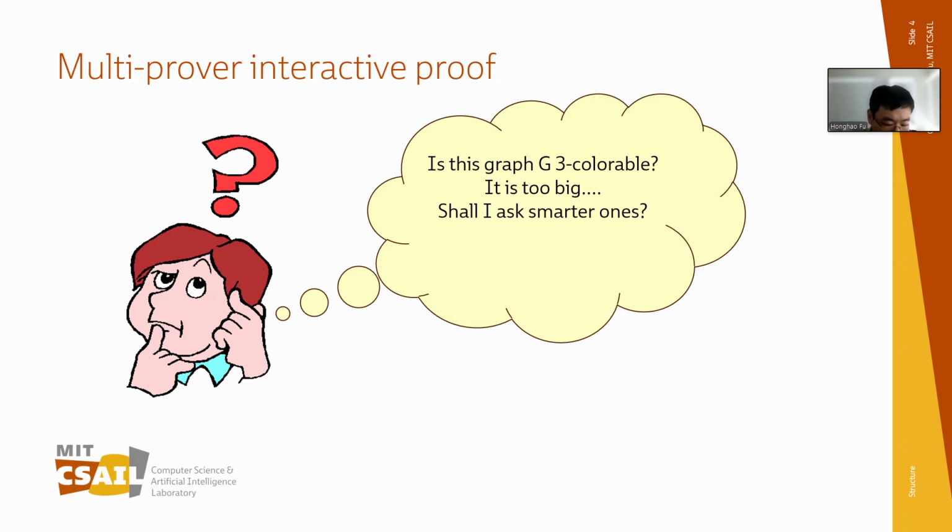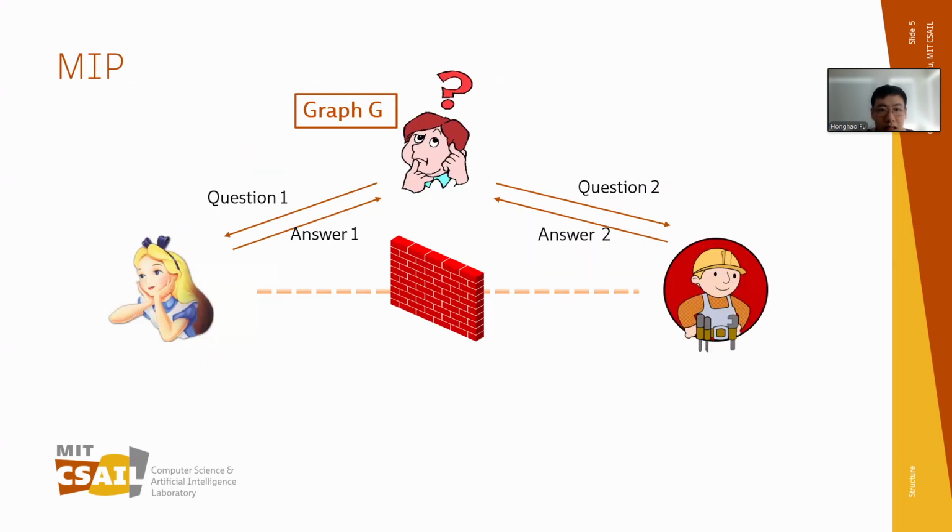However, I don't want to be fooled by the smarter ones to believe the graph is three-colorable when it is actually not three-colorable. So this is the situation where we use MIP. In the MIP proof system, we have a graph G. We want to decide if it's three-colorable. We send this graph to the 2 smarter ones called provers, Alice and Bob. And then we separate them very far away to make sure they cannot communicate. Then I start asking them questions.